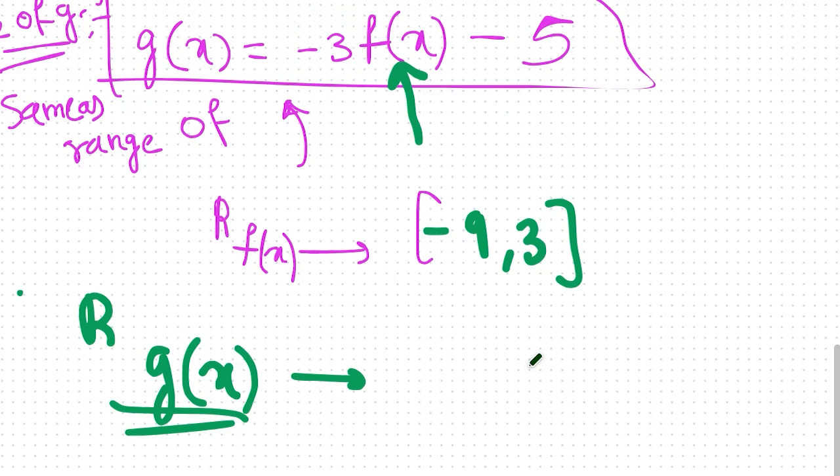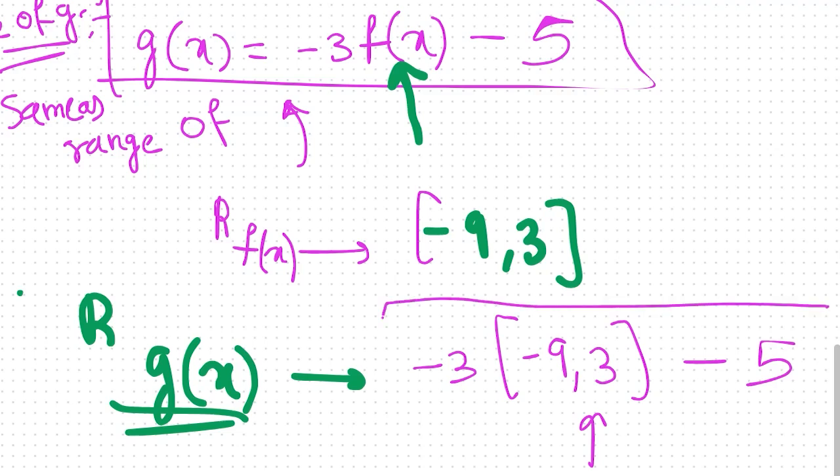So you cannot just write y is less than or equal to -5. That is not the case. You can write it like this: -3 multiplied by the range, which is -9 to 3, minus 5. This is the range of g.